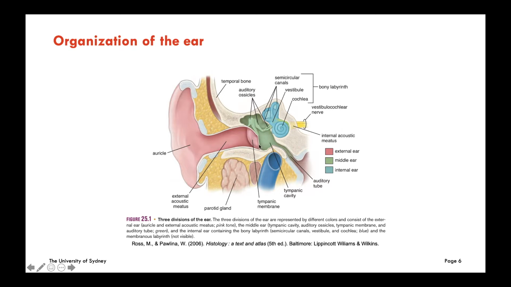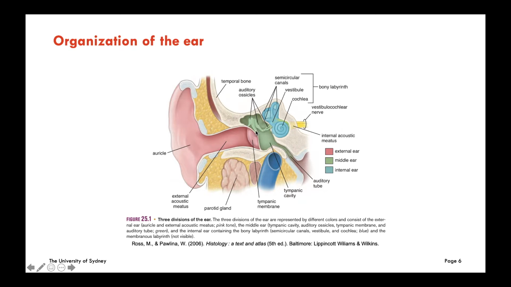The tympanic membrane separates the external ear from the middle ear. Within the middle ear cavity, we have the eustachian tube or the pharyngotympanic tube, connecting the anterior wall of the middle ear cavity to the lateral wall of the nasopharynx. This is important for equalization of pressure between the middle ear and the external environment.